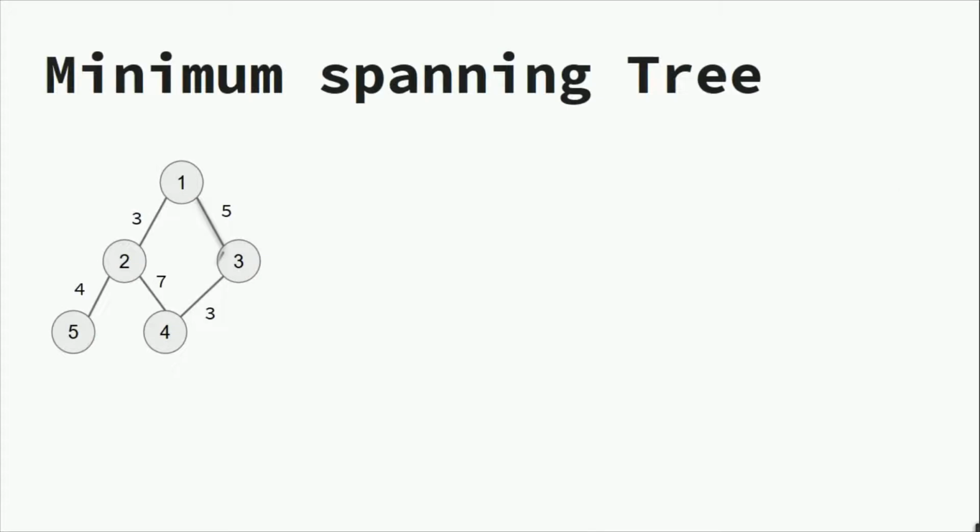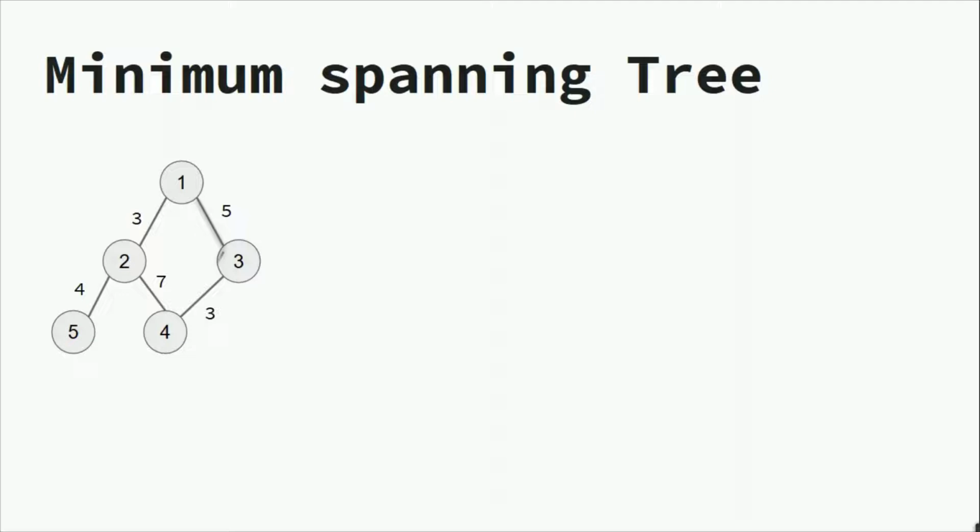So the second application is to find the minimum spanning tree. This is a graph, as you can see, and this is a weighted graph. There is a weight on each edge of the graph. So what is a minimum spanning tree?